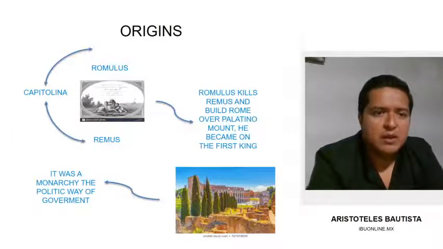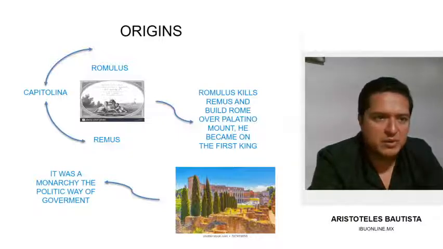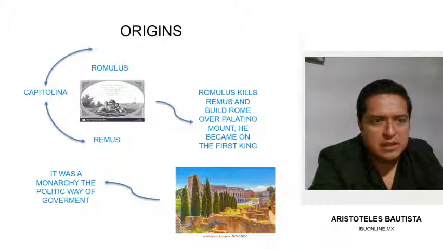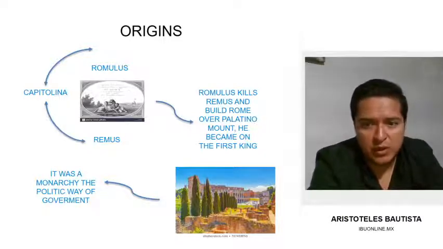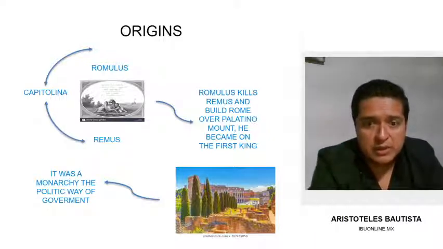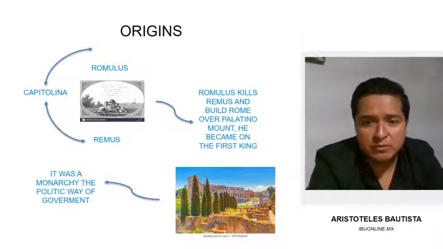Okay, what is the origin of the Roman Empire? It is a story about the she-wolf Capitolina, a kind of animal who raised two kids called Romulus and Remus.